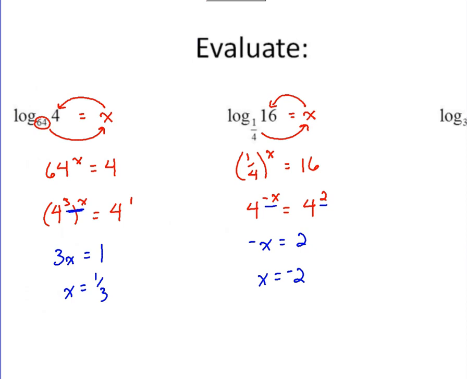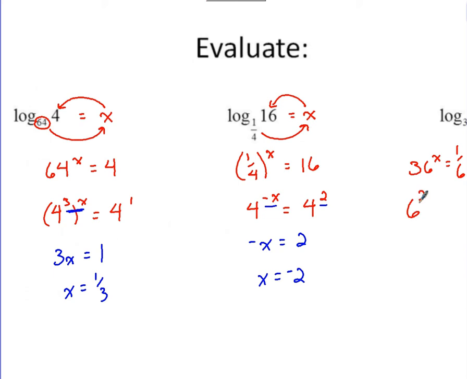Another one sliding off the screen over here, but over here we've got log base 36 of 1/6. So if I let that equal x, we've got 36 to the x equal to 1/6. Start thinking common bases here. 6 would probably make sense. 36 we know is 6 to the second. So it'd be 6 to the second raised to the x.